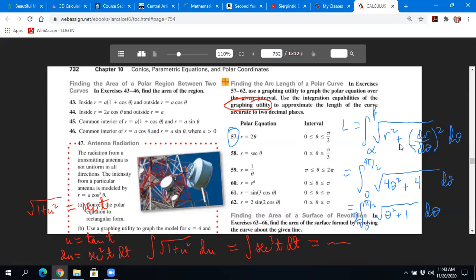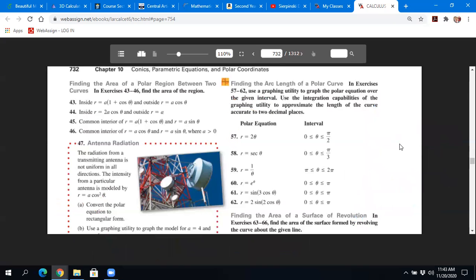Okay, so the half angle formulas were: cosine squared of t is equal to 1/2 times 1 plus cosine of 2t. Sine squared of t equals 1/2 times 1 minus cosine of 2t.